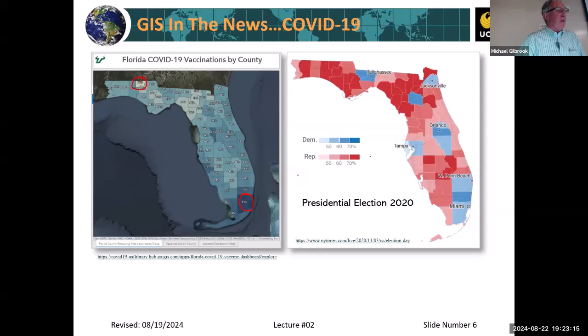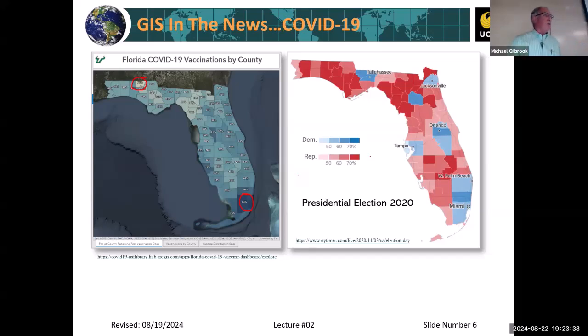That's really unfortunate, because one of the things you don't want is politics getting involved in something like public health. But you can see where areas that were of one political persuasion seemed to really buy into the vaccine idea, and areas that were of a different political persuasion were not so interested in the vaccine.